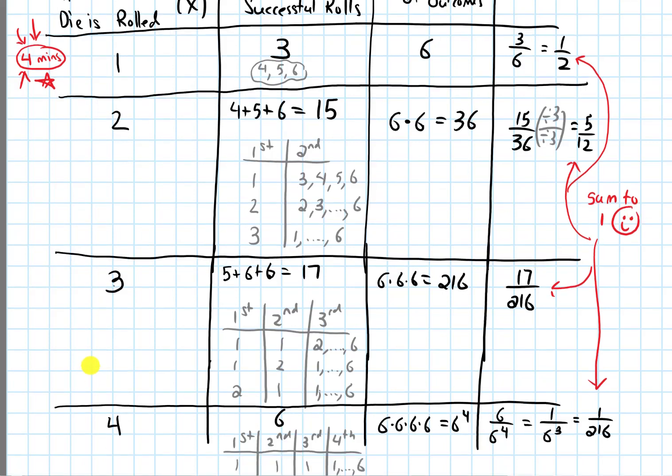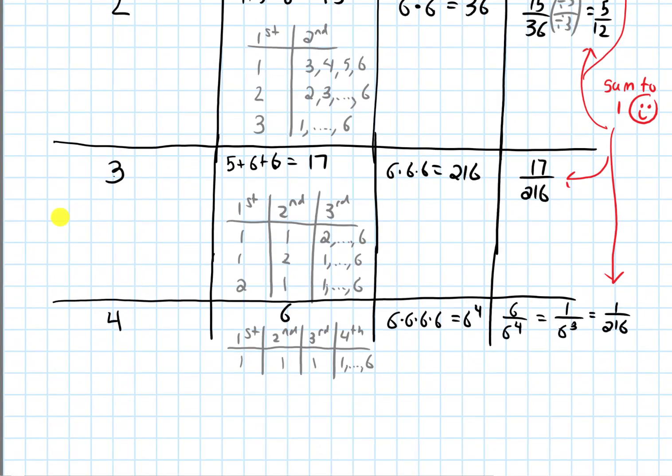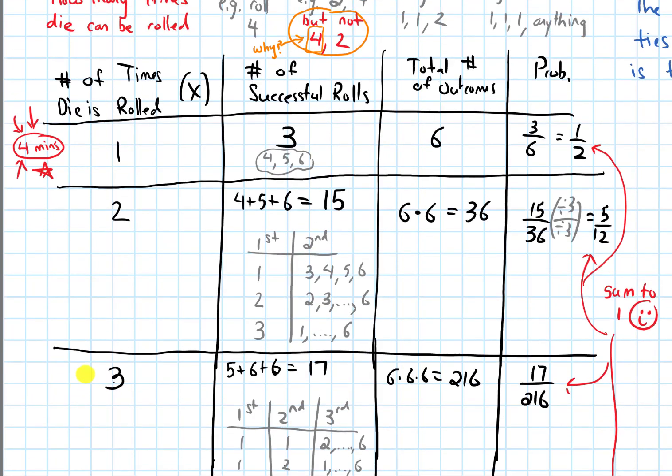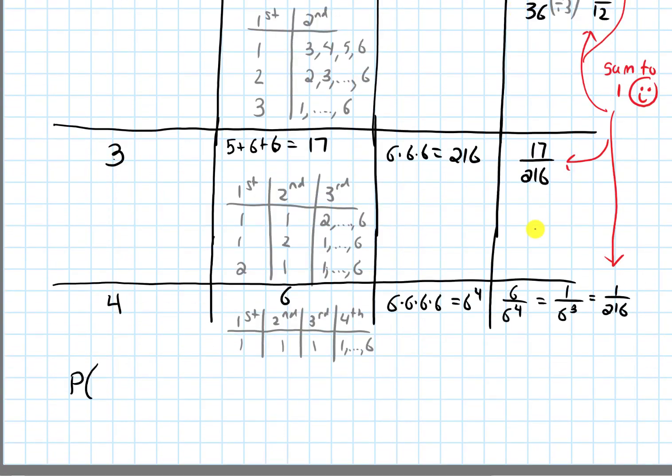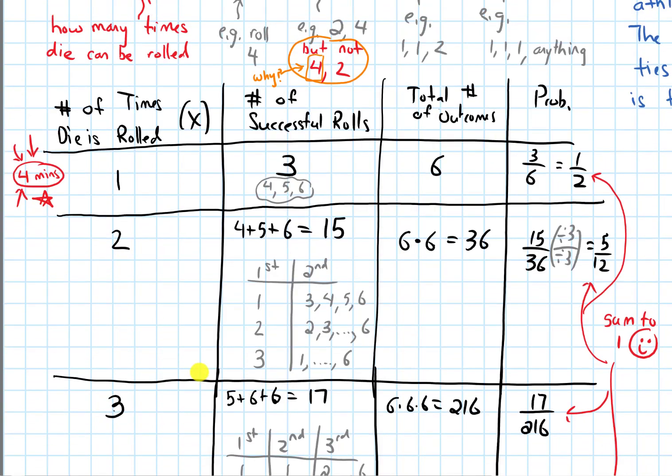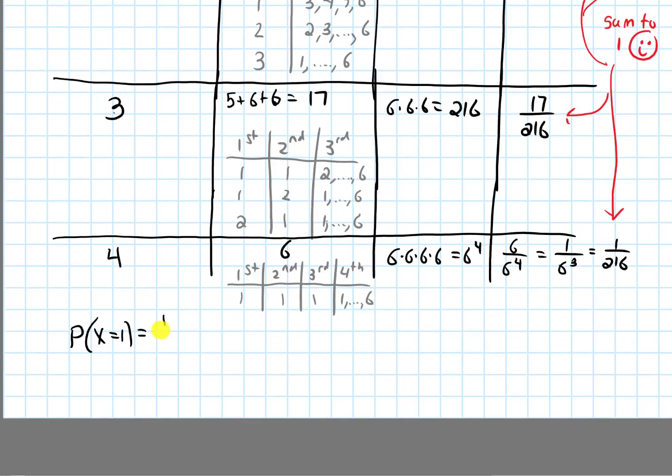Okay, so this question wanted me to write down the probability density function, which means basically now just write out explicitly what the probability of each of these values occurring is. Even though I have it in table form, it's nice to just write it down explicitly. So the probability that x is 1 was 1 over 2.